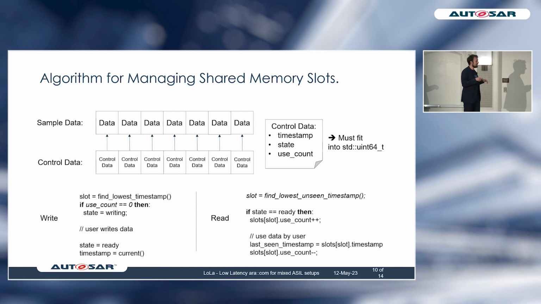Basically, we have split up the two blocks of memory that you have seen earlier into slots. We call it slots. And what is a slot, right? A slot is basically when you send, then it uses one slot. So you say allocate, you get a slot. You send, you free the slot. That's the idea of it. How do you know how many slots you need?